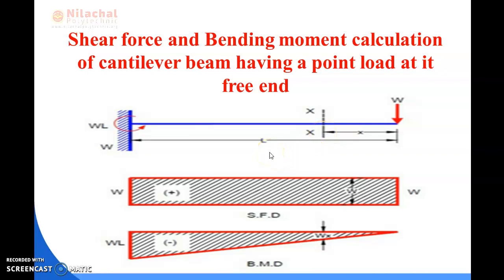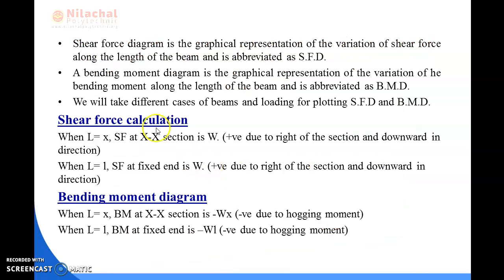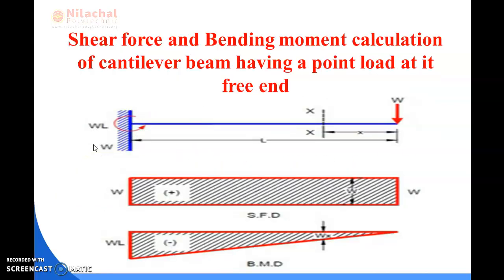In the second case, L equals L, that means the length equals the total length of the beam span. We have to calculate from the right side to the left side, that means in this direction. First, we take L equal to X, as I said.